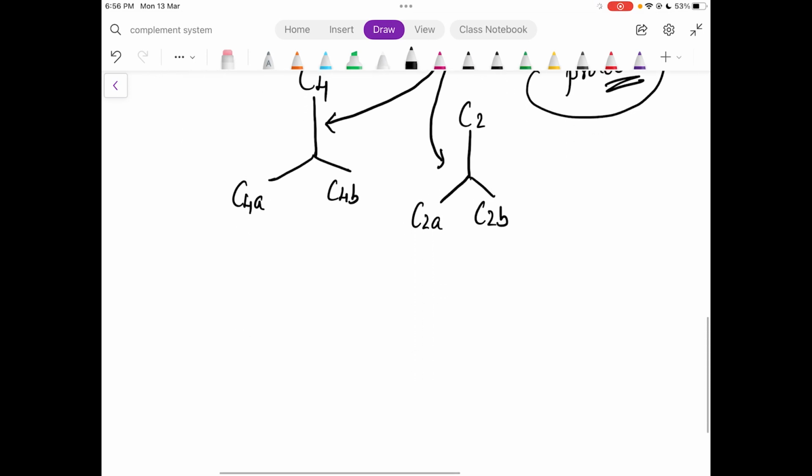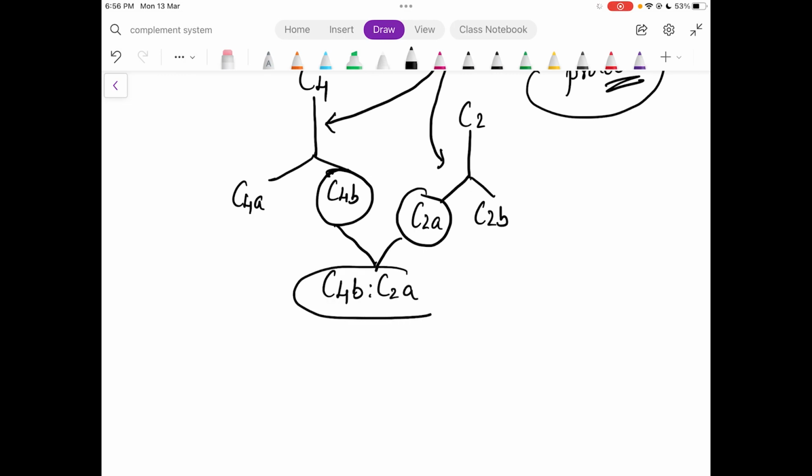What will happen here? C4B and C2A will combine together and form a complex, and this complex is called C3 convertase.